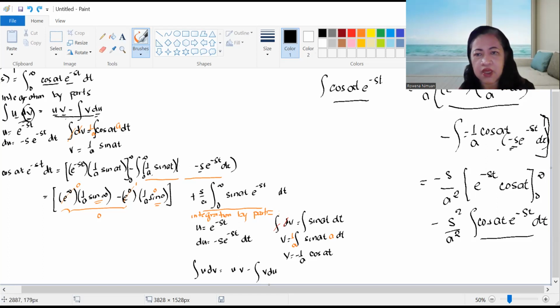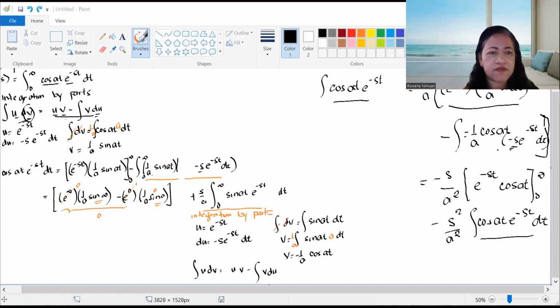So the integral of cosine of at e to the negative st dt is equivalent to negative s over a, e to the negative st cosine of at from 0 to infinity, minus s squared over a squared, then I have the integral of cosine of at e to the negative st dt.